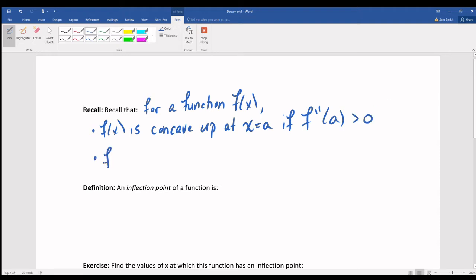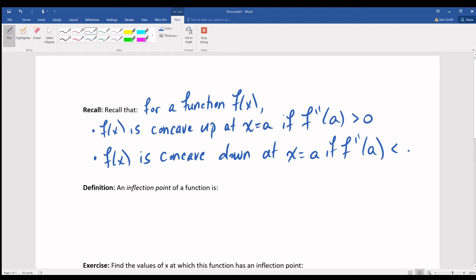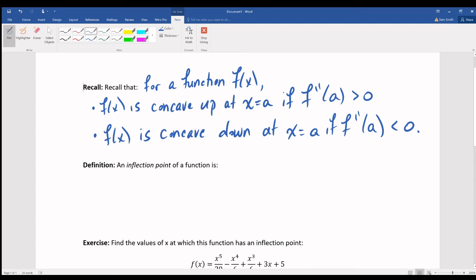And concave down at x equals a if you take the second derivative, plug in that a value, and you get a negative result. So let's use that to introduce a new term, inflection point.